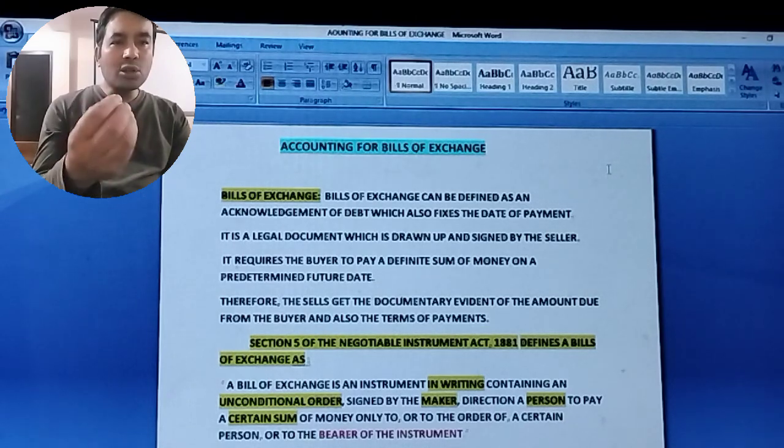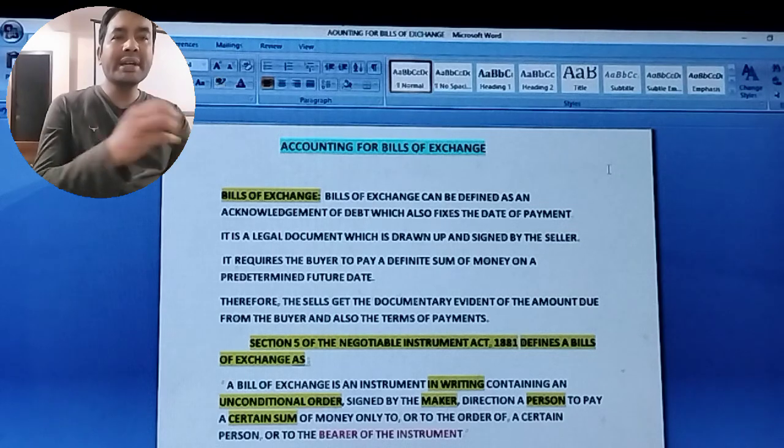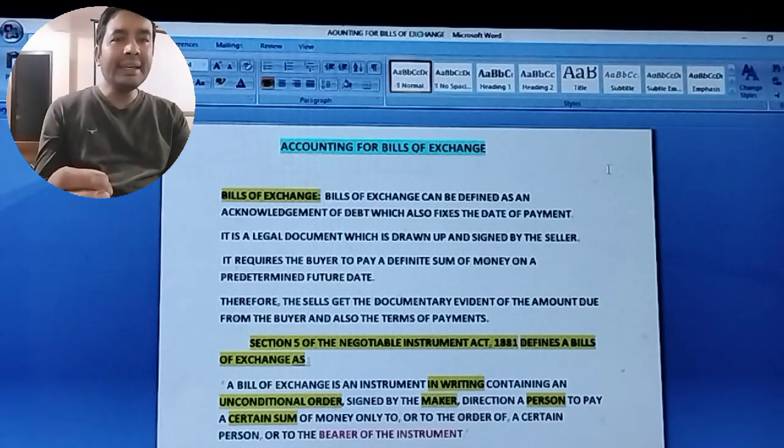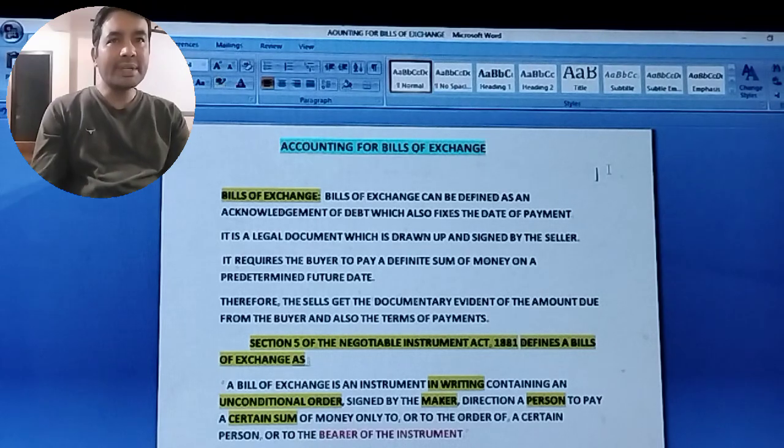So it is a documentary evidence that the seller has sold goods to the buyer on credit and is entitled to receive a certain amount from the buyer after a certain period of time. That is a bills of exchange.